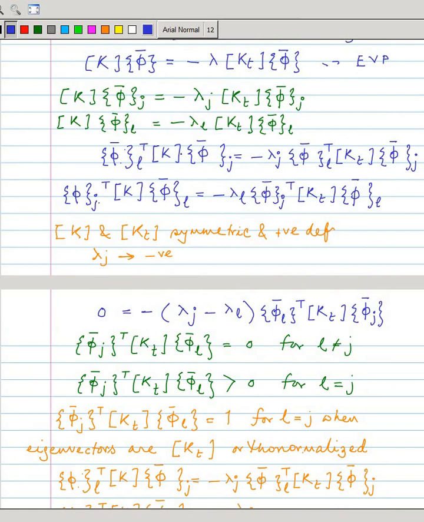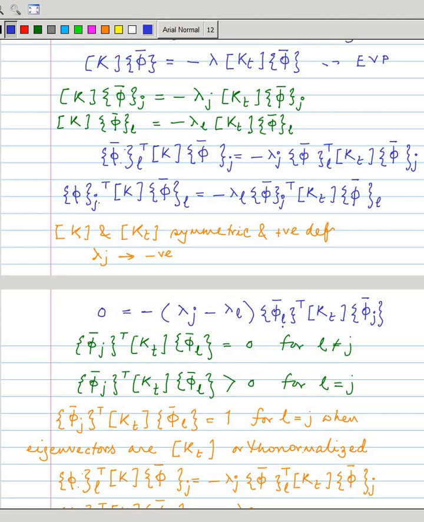So now if you subtract, left hand side will be 0 and this is the right hand side, and since the jth and lth eigenvalues are different, so if this has to be 0, then this has to be 0. So that means if l and j are different, then this is 0.